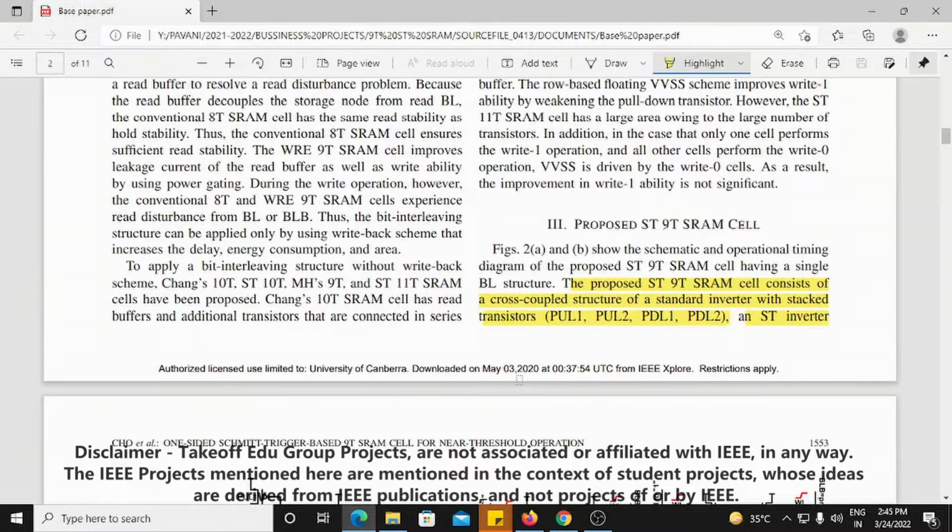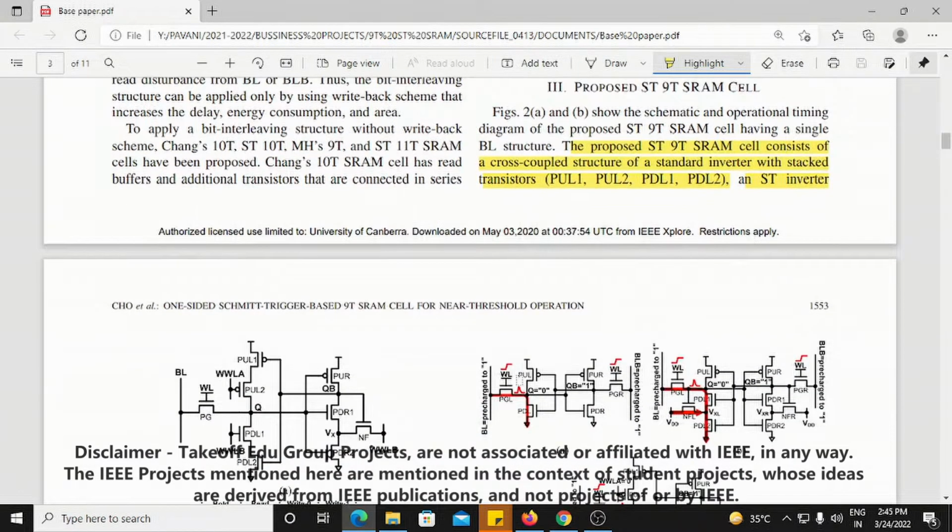The proposed ST9T SRAM cell has a cross-coupled structure of the standard inverter with stacked transistors. What are stacked transistors? Transistors connected in series are stacked transistors. Here we can see that PUL1 and PUL2 are in series connection, and PDL1 and PDL2 are also in series connection.